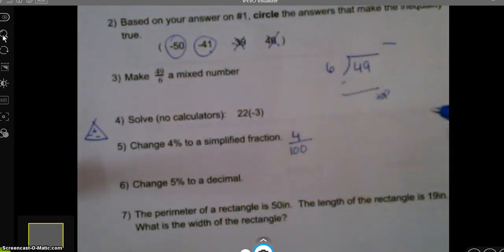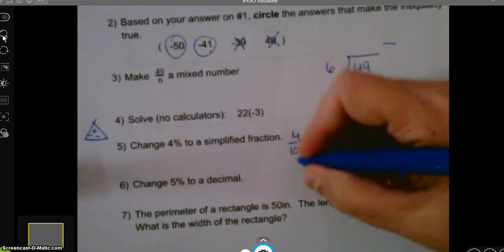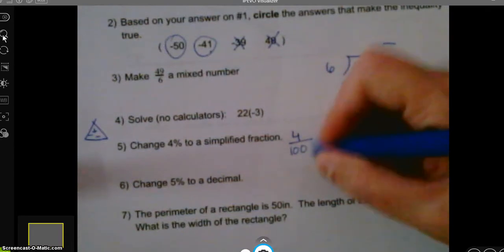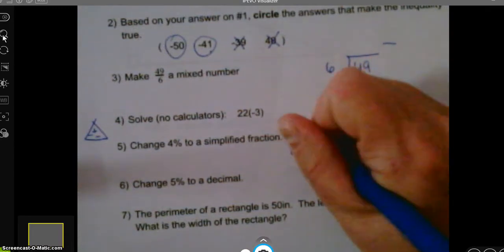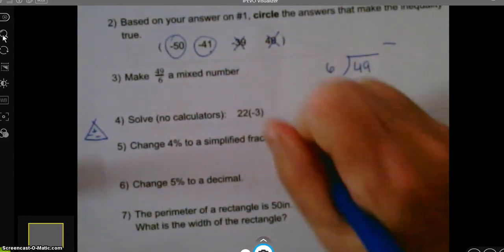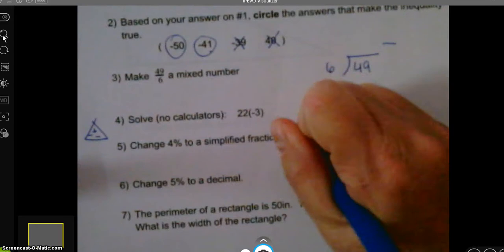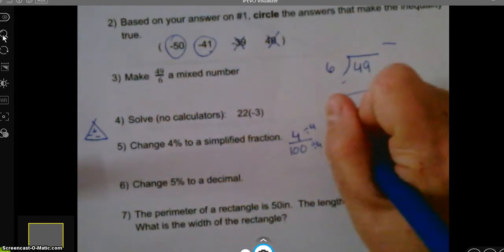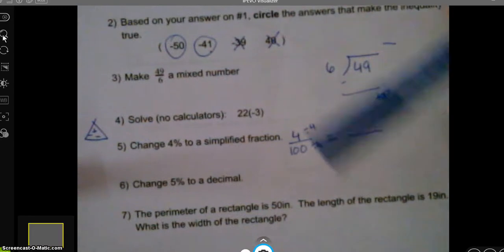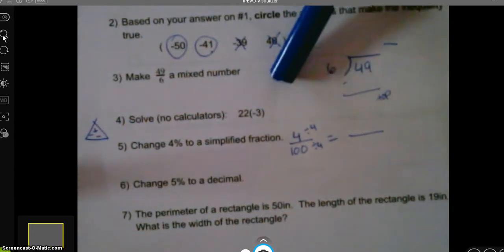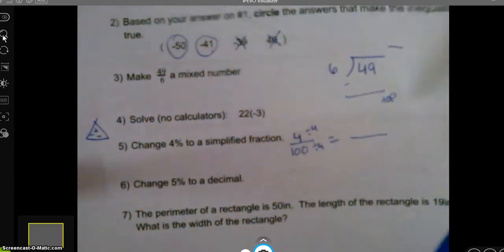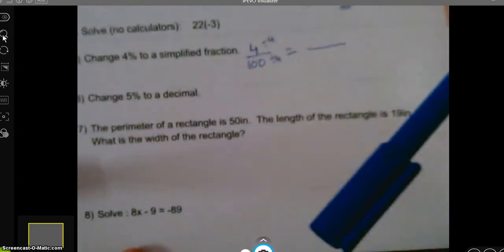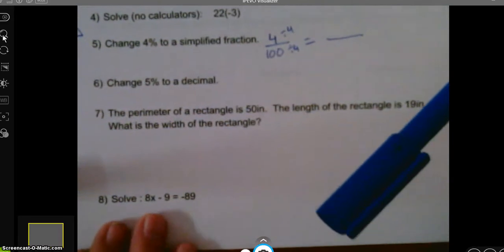Now officially, I know that this divides by 2, because they're both even, but they also divide by 4. Okay? So your job is to finish that one up for me. Okay? Okay, number 6 has changed to a decimal. So we're not going to do that.